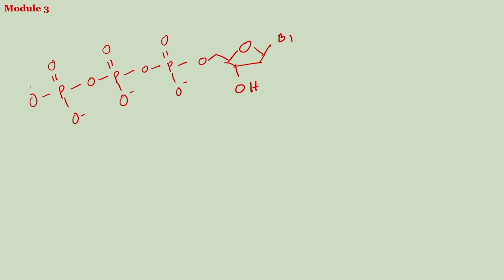In aqueous solution, at the right pH, it will be O minus. So, this is what exists in the cells. Second base, B2. Now, I am not writing the whole of the phosphate, I will write P circle, that means basically this part with the O.